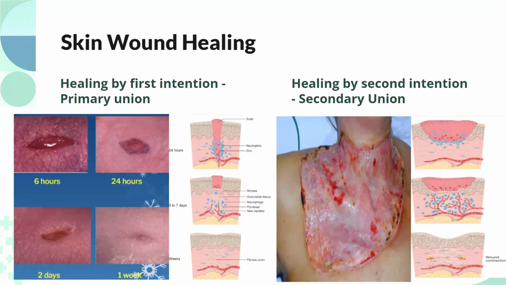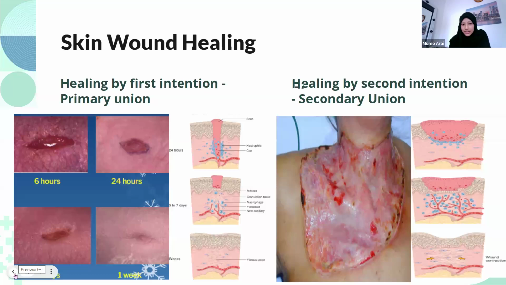So what are examples of things that regenerate without any scar? That's a good question. Regeneration is anything that is continuously happening. One good example is hair cells, skin cells. Remember the example I gave you in the first lecture?